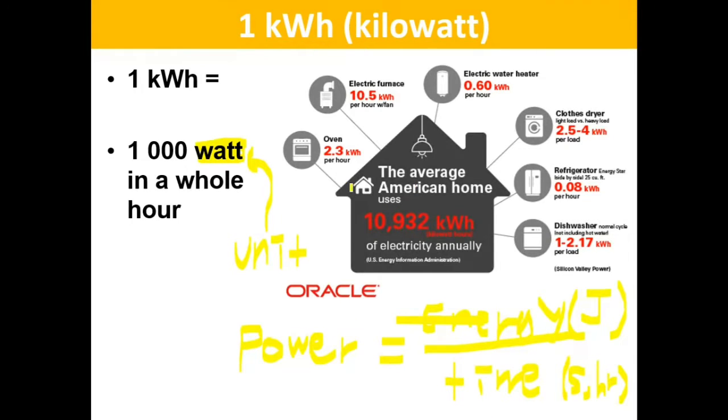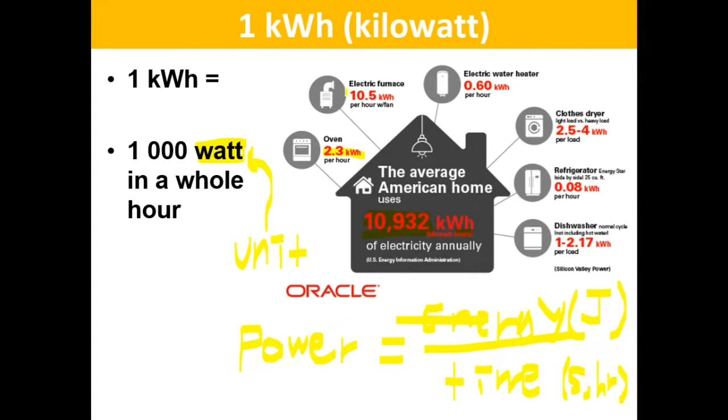Most house-related products, or any type of machinery, in fact, any type of device, even a car, use hours a lot. So if you look at each of those devices in the home, the average American home uses about 10,932 kilowatt hours annually.